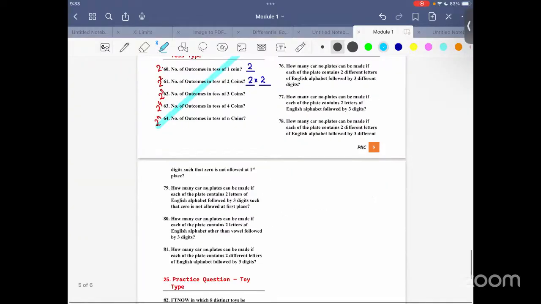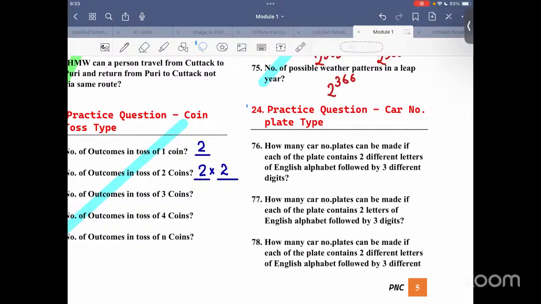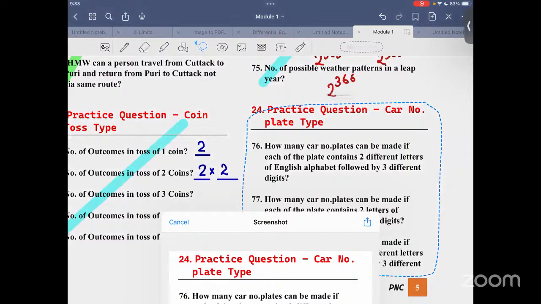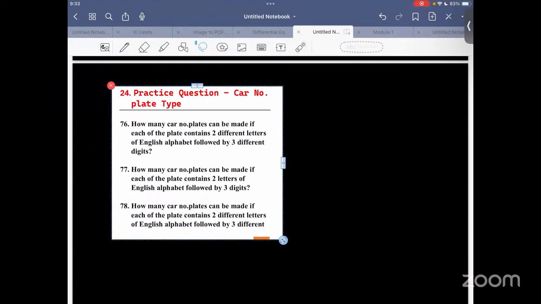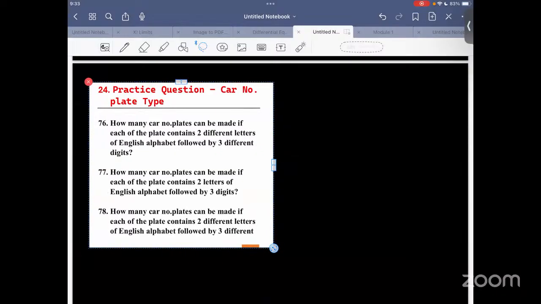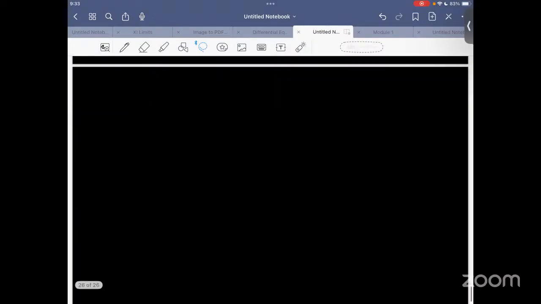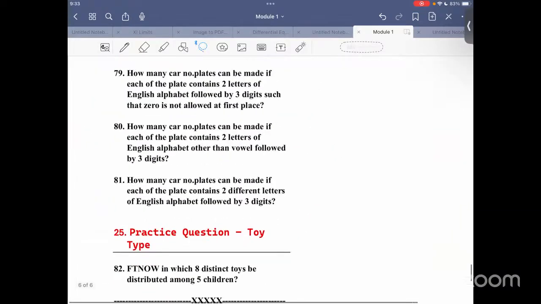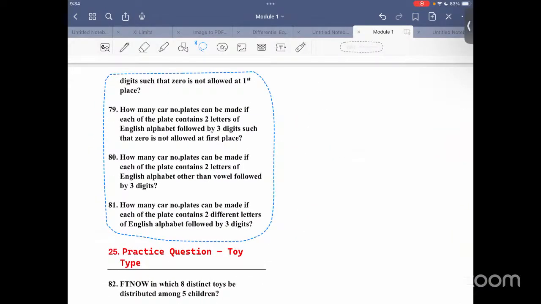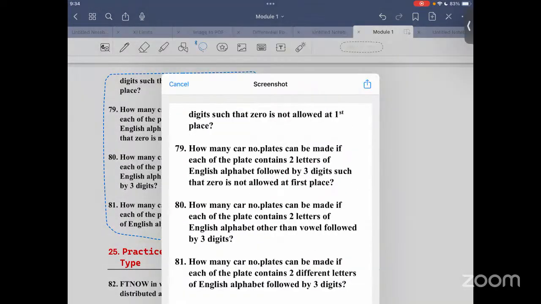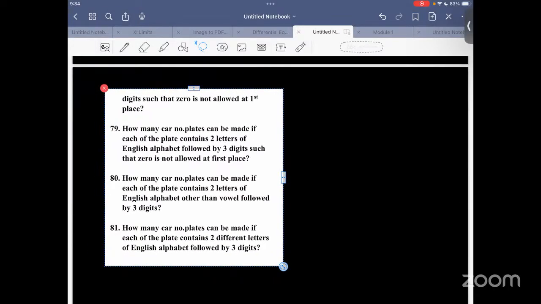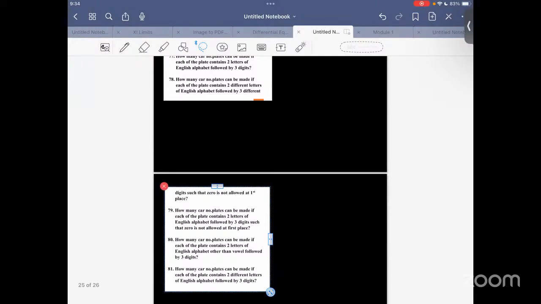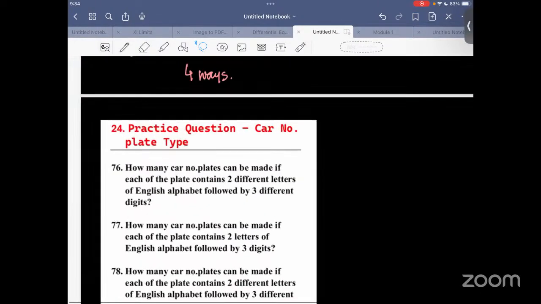Let us do car number plate type questions. Question number 76.